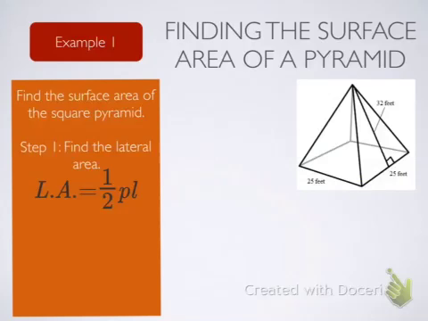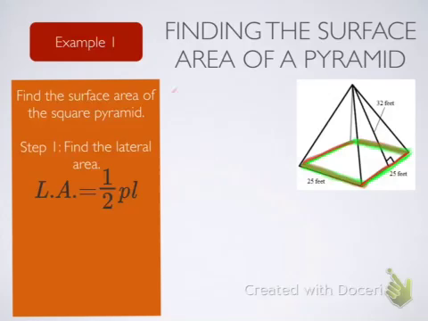So like I said just a minute ago, the base is a square. In order to find perimeter, it's basically like if you're going to put a fence around it. So how far is it to go from one point all the way around it and get back? So we're going to do 25 plus 25, that's 50, plus 25, that's 75, plus another 25, that's 100.